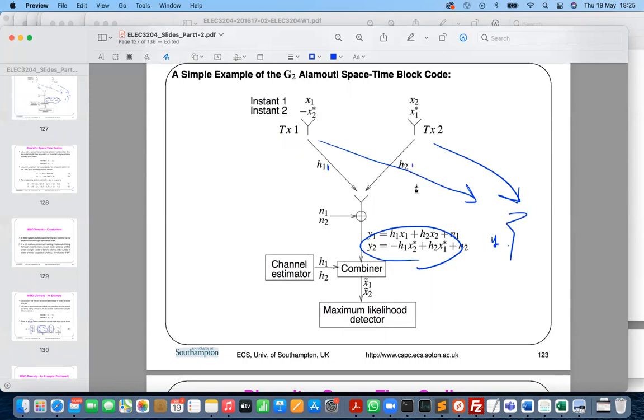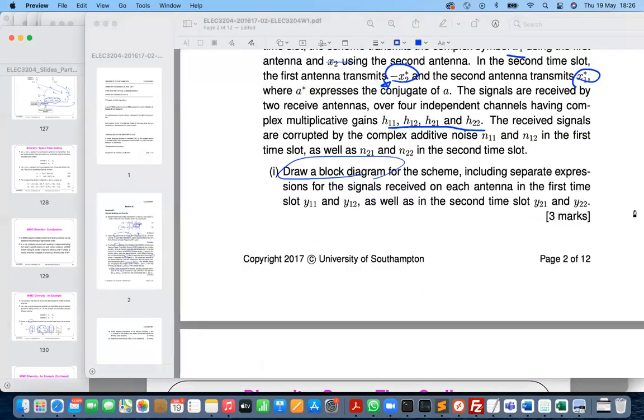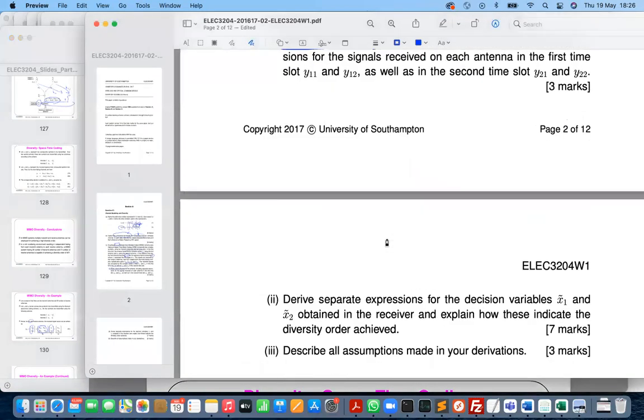And then now you have H1,2 to the second receive antenna, and then H2,2. And then for channel estimation, you need to estimate four fading gains, and then you do the ML detection. So the block diagram is the first part.